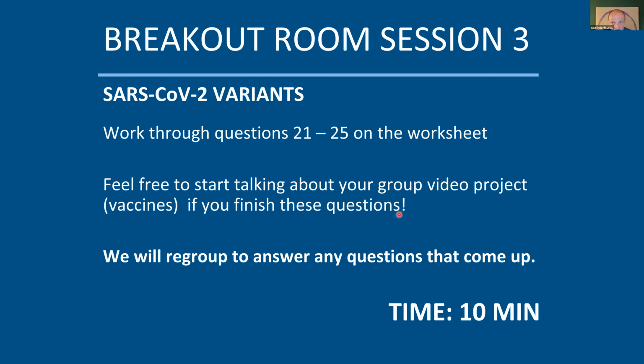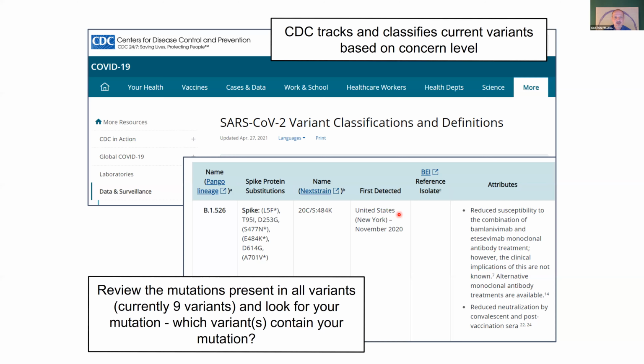Then you're going into breakout room 3, and now basically the New York Times article published a couple of SARS-CoV-2 variants, and now you want to look whether your mutation is in any of these variants. And then you go in the room and discuss it and come back out here. So here's how it looked.